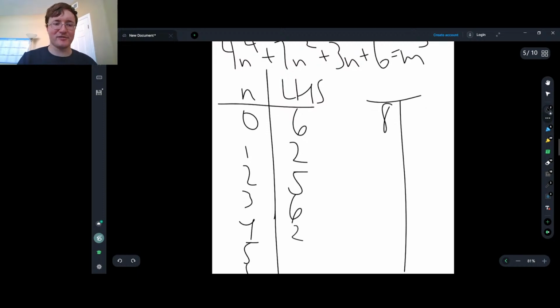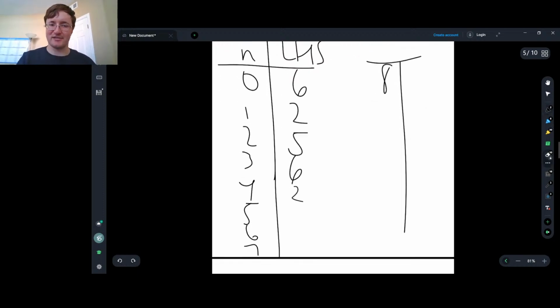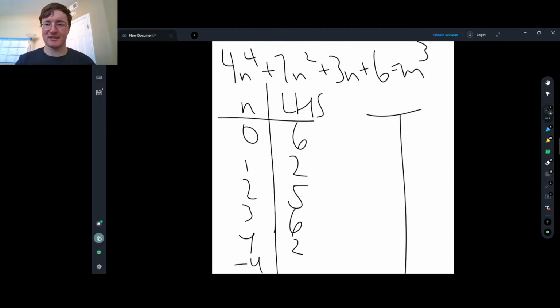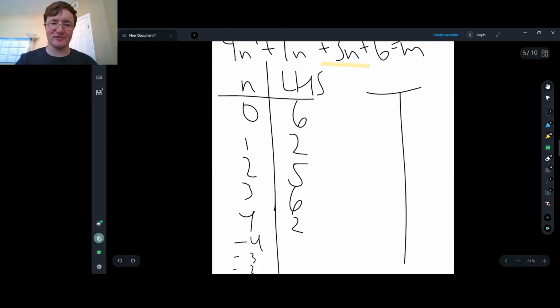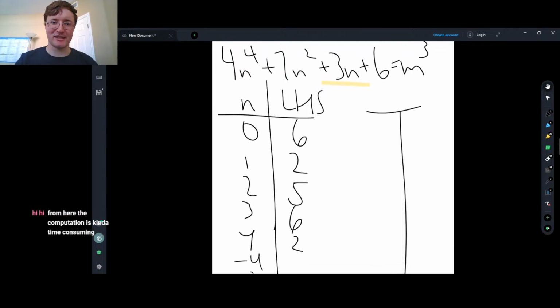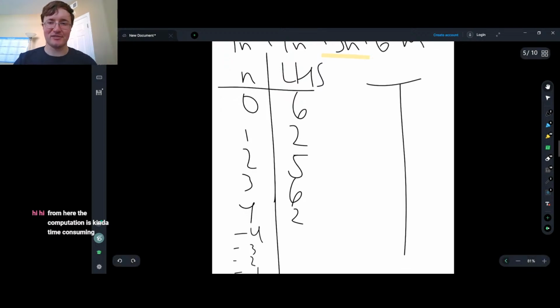Okay, and then for 5, well, I can write these as the negatives of the previous numbers. So negative 4, negative 3, negative 2, negative 1. For negative 4, it's the same thing except this n is flipped. So when I plug in 4, I get 2, and when I plug in minus 4, I'm subtracting 6 times 4, which is 24, which is the same as adding 3, so that's a 5.